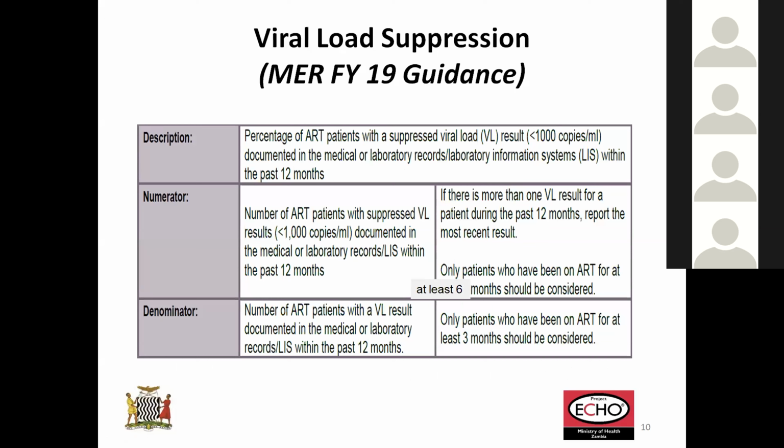And the denominator is the number of ART patients with viral load results documented, and that's very important, documented in the medical or laboratory records. So it's a proportion: out of those who had at least one viral load in the past 12 months, how many of them had less than 1,000 copies as a result.